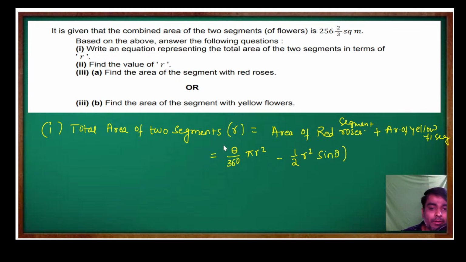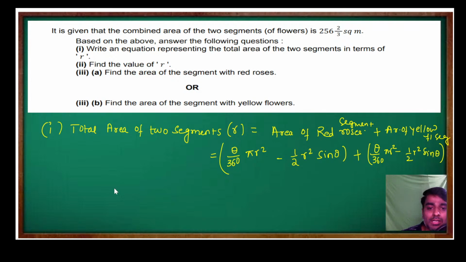This is for the red one, plus for the yellow the same: theta by 360 pi r square minus half r square sine theta.